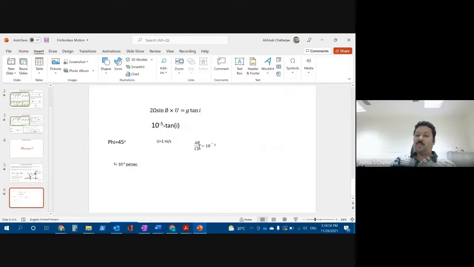Without board it is very difficult. Anyway, AB is my perpendicular, CD is my base, and that is 10 to the power minus 5. If I assume that my elevation is about 1 meter, due to a current of 1 meter per second, then how much length do we need?